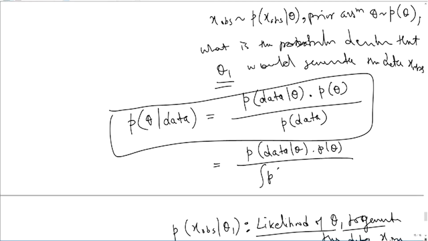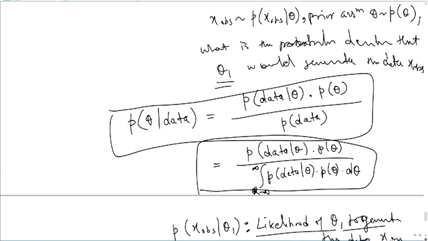It will be the likelihood of a particular value of theta times the prior density of theta, d theta, and you will integrate it over the space of all possible values of theta. So let's say theta can go from minus infinity to plus infinity, so we'll integrate this from minus infinity to plus infinity.